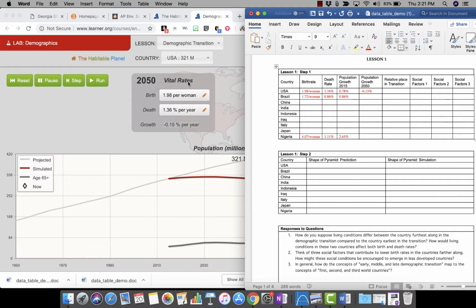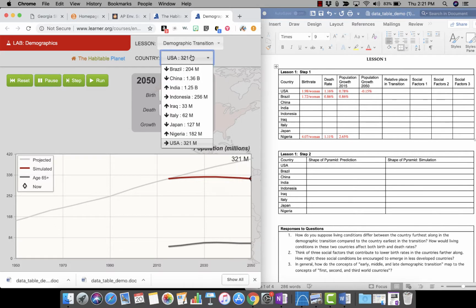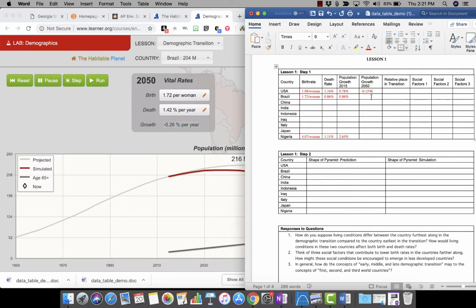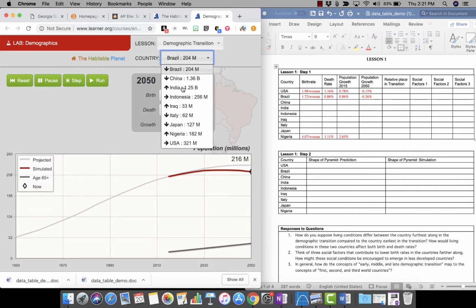Okay. Let's do Brazil. Let's run that to 2050. Okay, it's negative 0.26. And then let's do Nigeria.